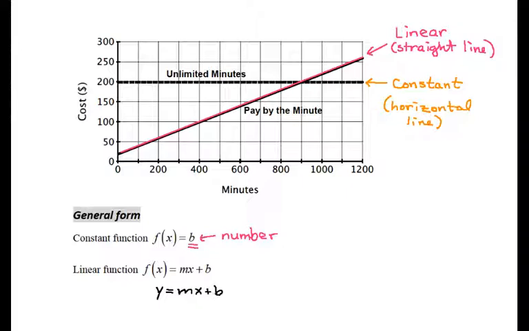It's the same thing, right? M is the slope of the line. B is the y-intercept of the line. But we can recognize a linear function because it's either in this form or it's possible to be put into this form.